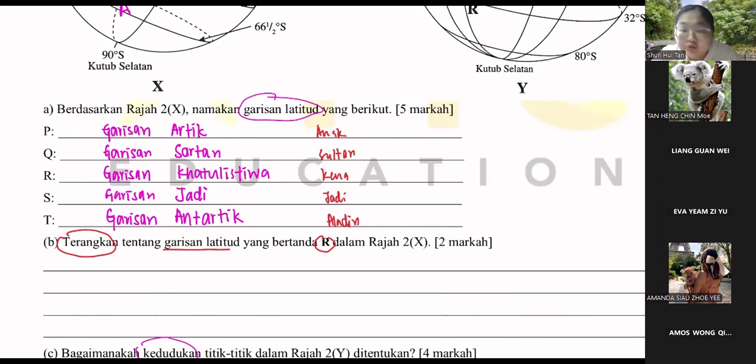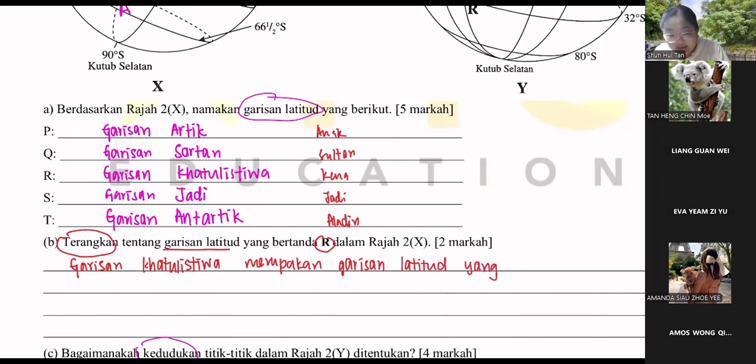They expect you to tell me, oh, garisan khatulistiwa. You're going to write in this way, yeah? Garisan khatulistiwa merupakan garisan latitude yang, yes, you can say memisah that.